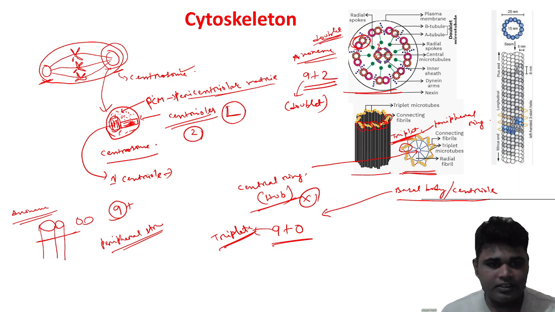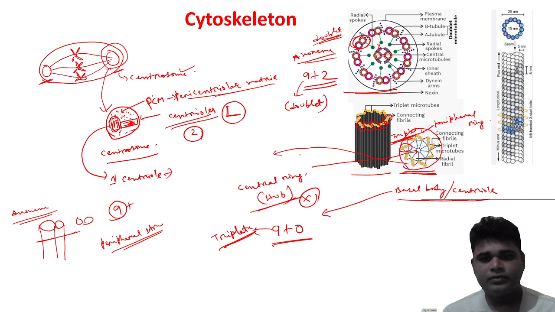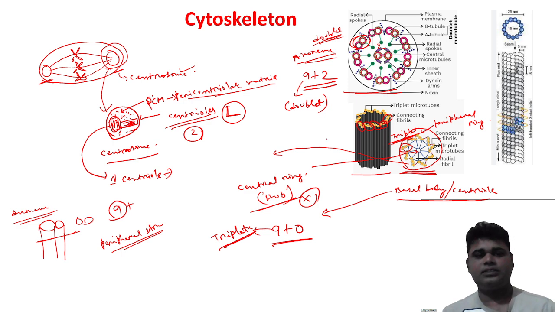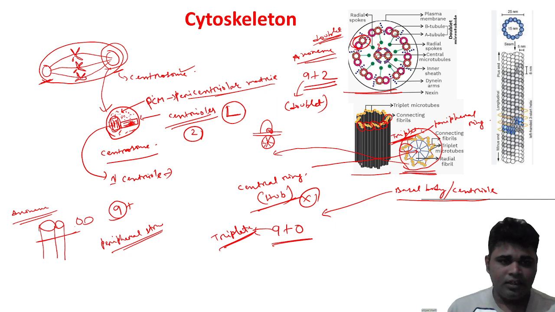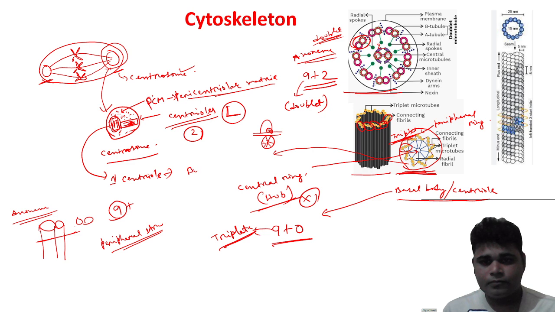Now look at the structure here. It looks like a bullock cart wheel structure. Let us suppose this is the bullock cart, this is one wheel, and inside it another wheel-like structure. The centriole also looks the same as a bullock cart wheel structure.